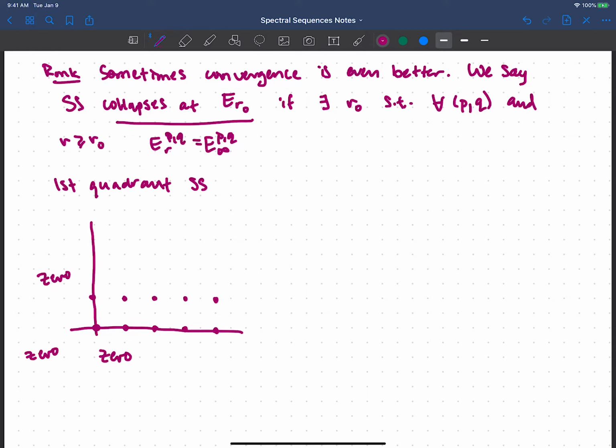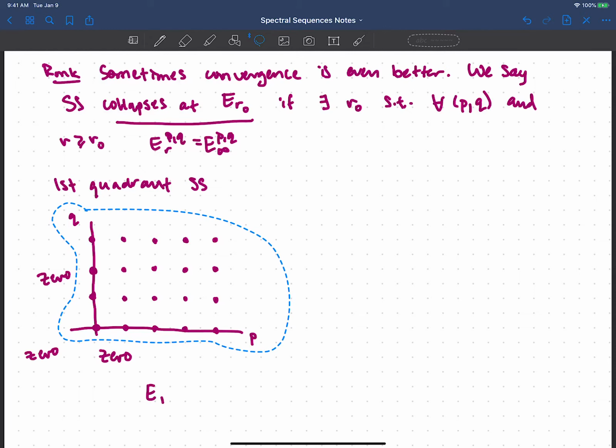Some of these could be zeros; I'm just putting dots to say I don't know what they are. Maybe I have a copy of the integers, a copy of the integers mod 2, maybe the integers mod 7, and so on. When I'm drawing this, by the way, I'm drawing p on the horizontal and q on the vertical. Before I look at the E1 page, let me copy this so I can draw it again for the E2 page really easily.